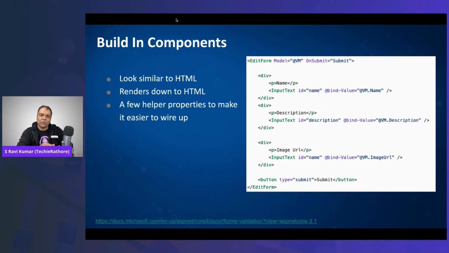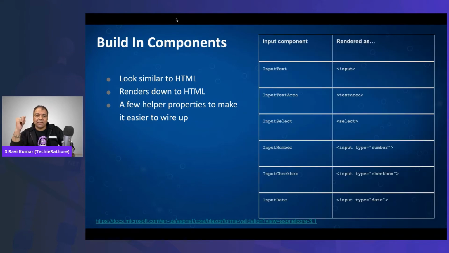It is rendered down to HTML, and it has many helper properties which help you write the code in a better way. You can see from the example here, InputText is rendered to an input, InputTextArea is rendered to a textarea, InputSelect is rendered to a select, which is a drop down. InputNumber is like an input with type number, and InputCheckbox uses an input with type checkbox. So all these details are there.